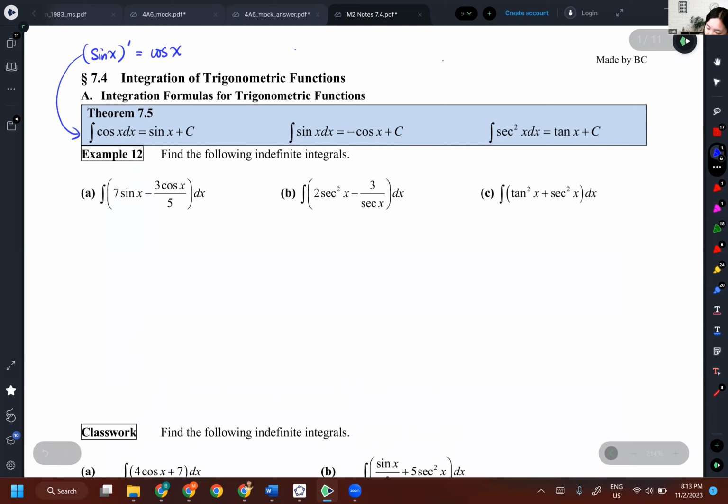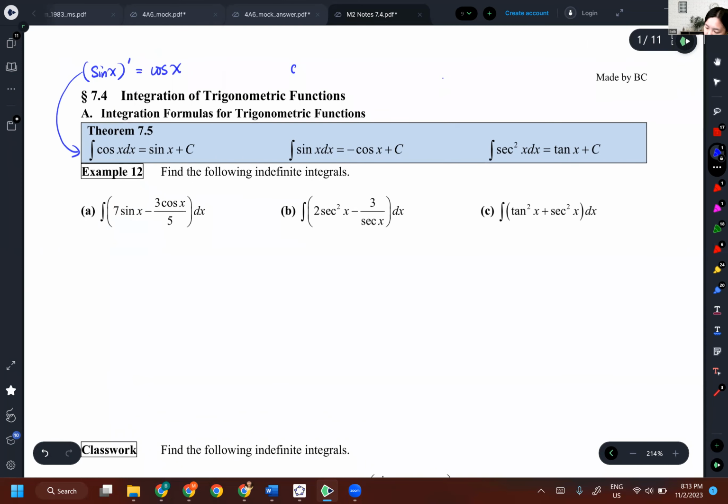And we have the derivative of cosine x, that means, therefore you have this formula.